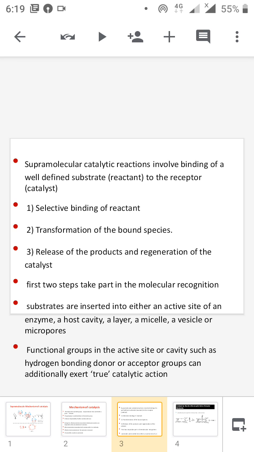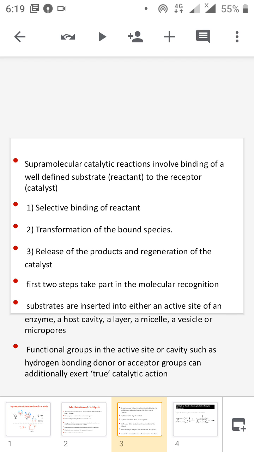Now, as we discussed earlier, the supramolecular catalytic reaction involves the binding of a well-defined substrate, that means the reactant, to the receptor, that is the catalyst. And there are three steps involved in supramolecular catalysis. First is the selective binding of the reactant to the supramolecule, and the next is the transformation of the bound species. The third one is the release of the product and regeneration of the catalyst.